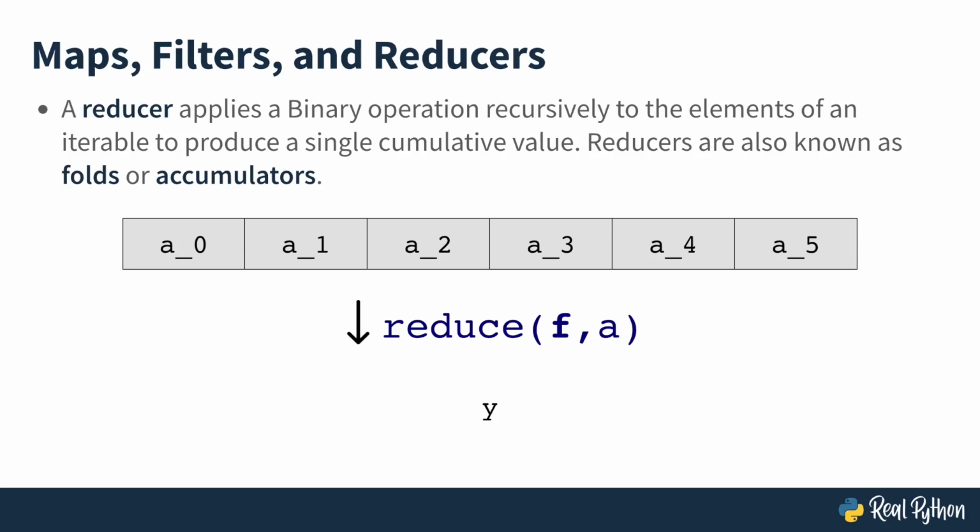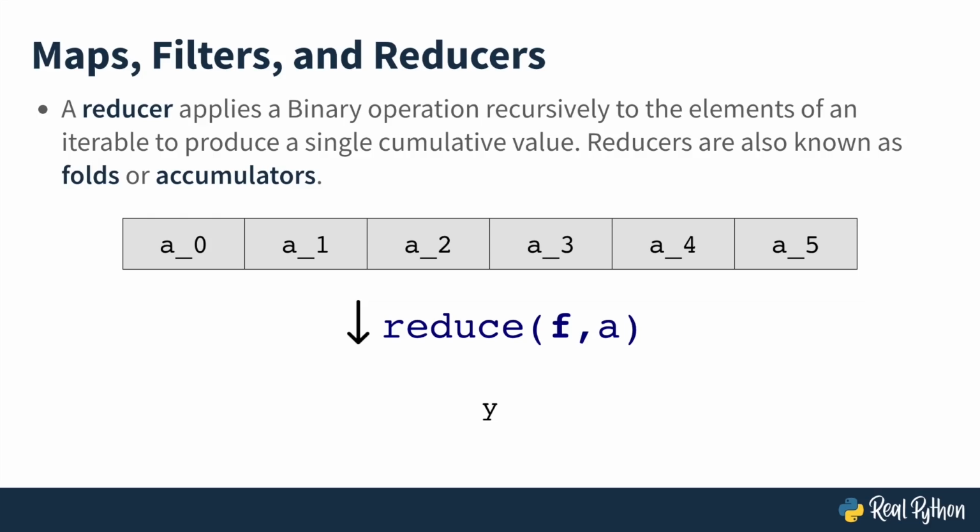A lot of operations that you've already probably used before, a good example of which is the sum function in Python, can be considered a reducer. And so the basic idea is that the reduce operation will take this input function f and apply it to the first two elements of this list.